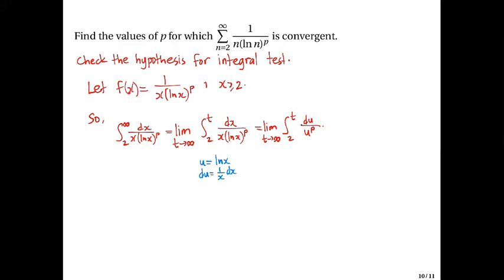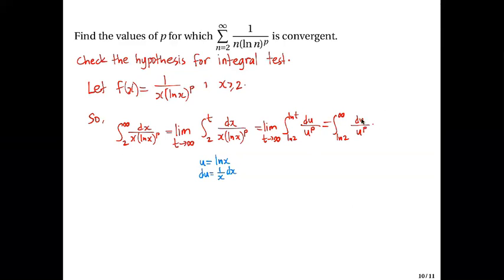Sorry, the limits are not 2 to t, they should be ln 2 to ln t. By definition, we bring back the improper integral: the integral from ln 2 to plus infinity of du over u to the p.